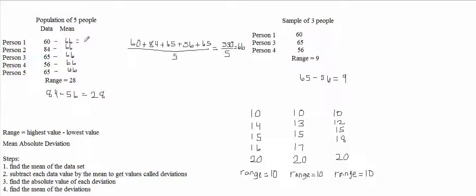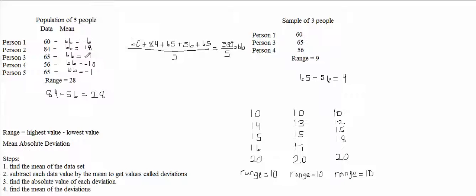Let's subtract all of these. 60 minus 66 is negative 6. 84 minus 66 is 18. 65 minus 66 is negative 1. 56 minus 66 is negative 10. And 65 minus 66 is negative 1.